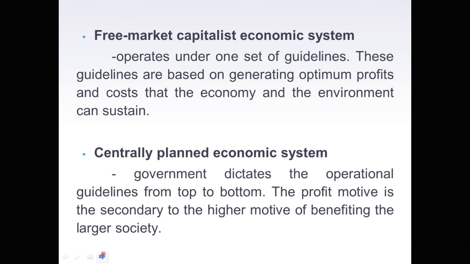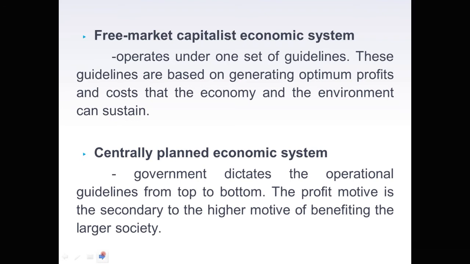Dito kay free market, sinasabi dito that ang pinaka-aim nila is for the production and pricing of goods and services. And usually, dito sa kind ng economic system na to, kakaunti or no government regulation at all. And at the same time, they are competitive markets na involved dito sa economic system na to.